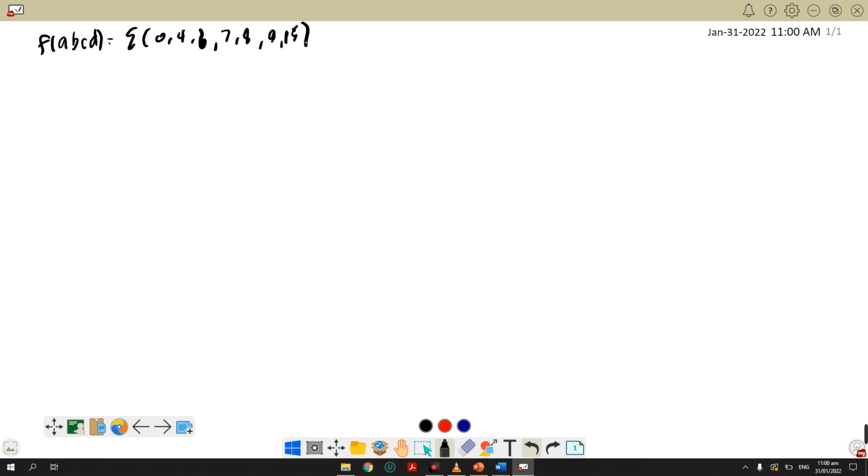So here we have four inputs, and the outputs of 1 are on 0, 4, 6, 7, 8, 9, and 15.